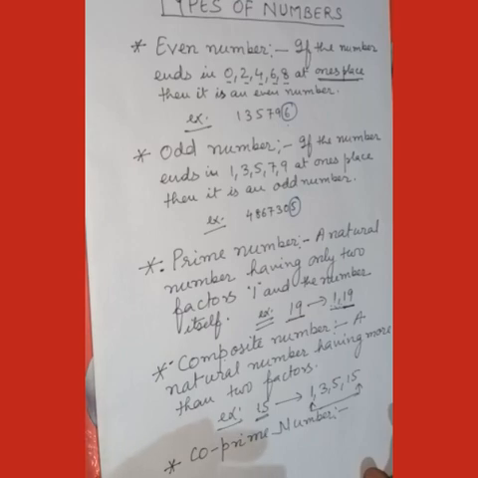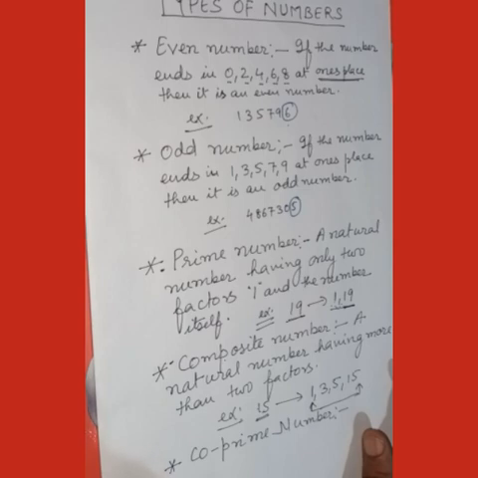You can take even number also, composite number also. Now in co-prime there should be 1 as a common factor in both the numbers. If you are having more than 1 common factor, then it is not a co-prime number. Okay student, only 1 will be the common factor in both the numbers.